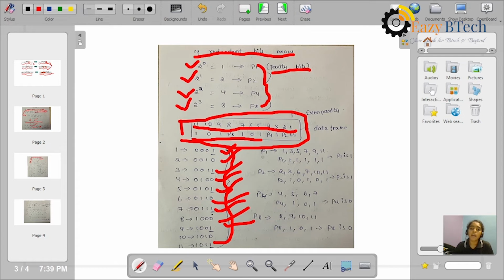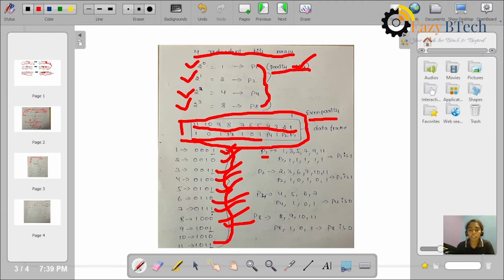So I have to identify P1. Here we use 1 or 0. I already said these redundant bits are the parity bits, for parity checking. So consider this data unit as an even parity. We have to know the even parity.